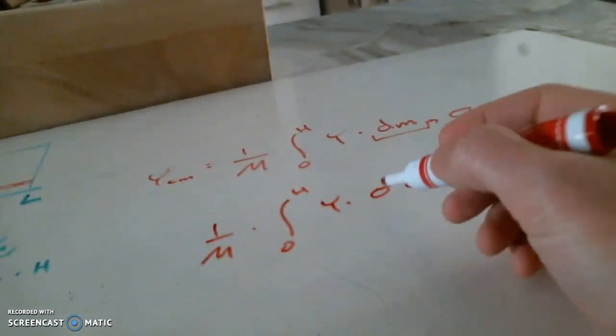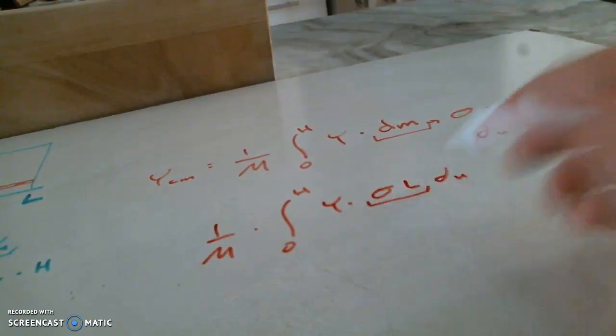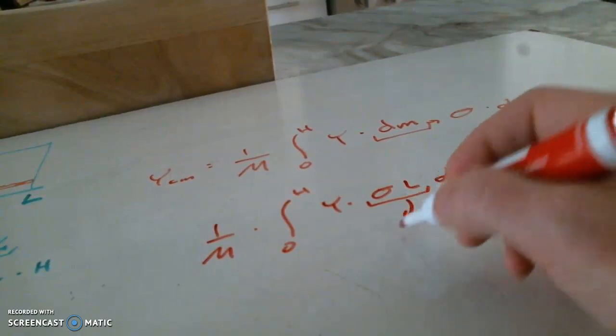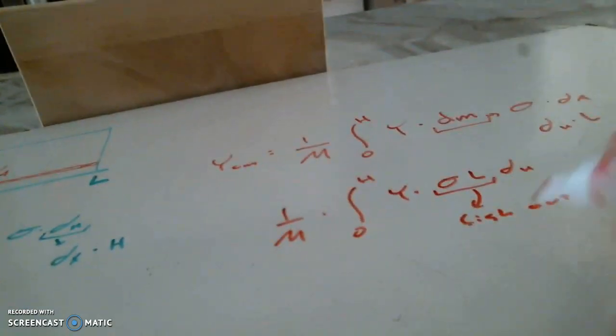And then you see again, it's the same kind of procedure we did before. This sigma and the L are constants, aren't they? So I'm going to fish those out the same way I fished out the sigma and the h before.